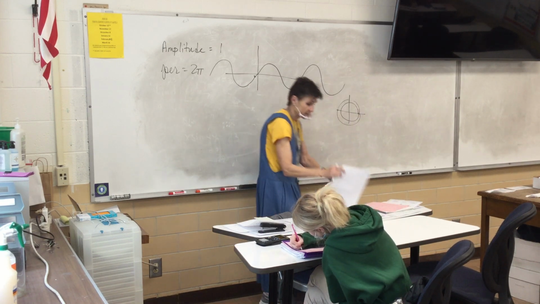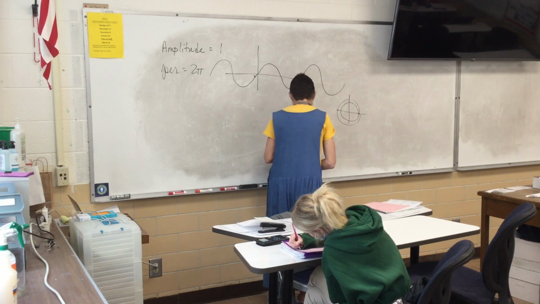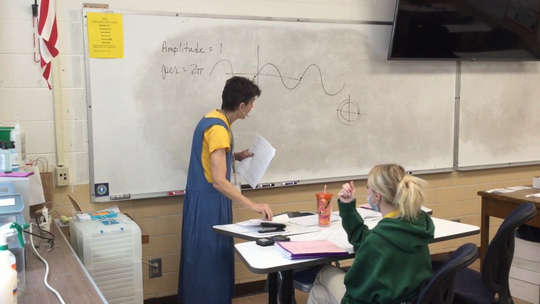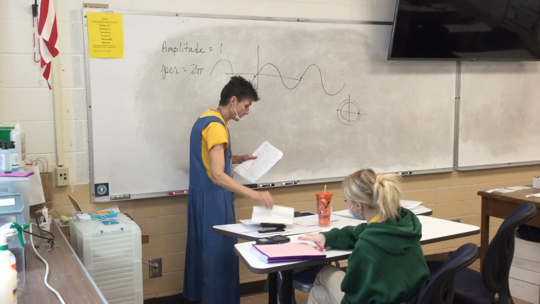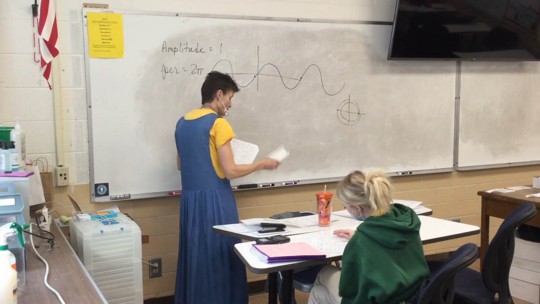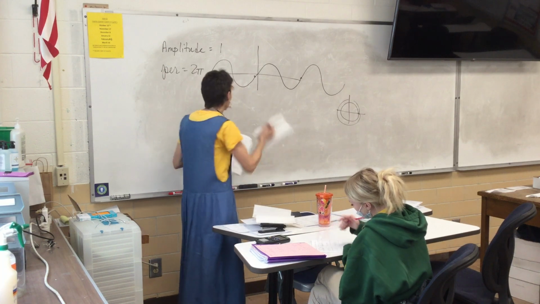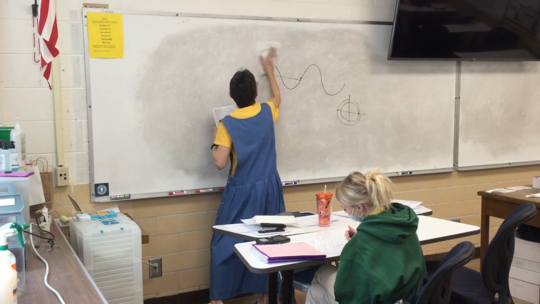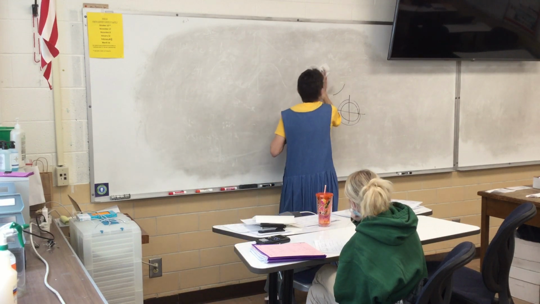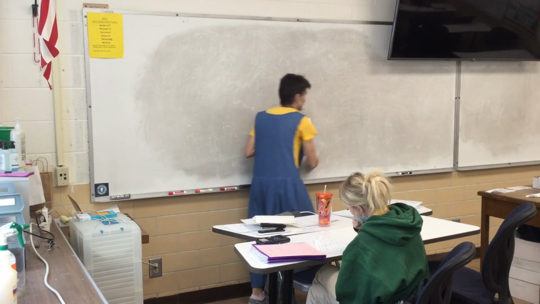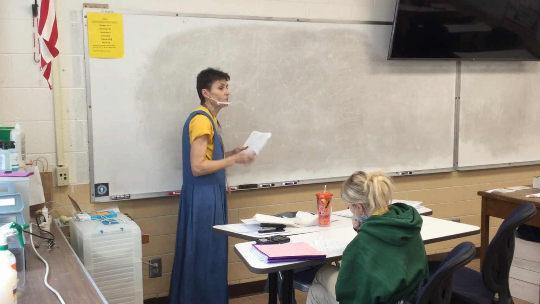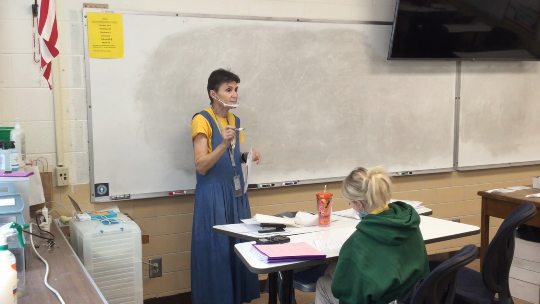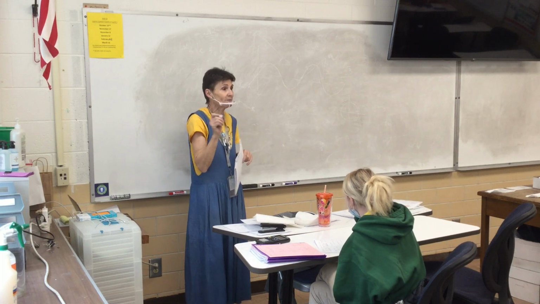Okay, now C is where things start getting interesting. Let's see what happens with C. You are going to graph y equals 2 sine x. Anybody remember from back in the days when we were doing those triangles and trapezoids, those really weird things, and I said graph 2 f of x?